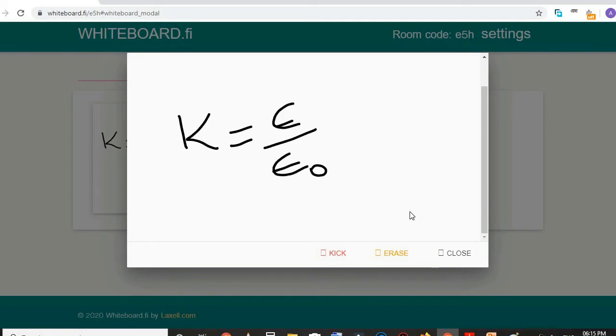Thus, K is called the dielectric constant, and sometimes we call it relative permittivity. What is relative permittivity? Permittivity of the medium divided by permittivity of free space.